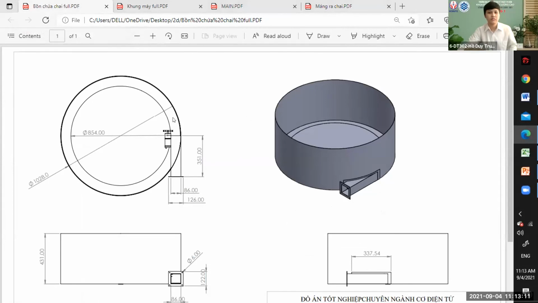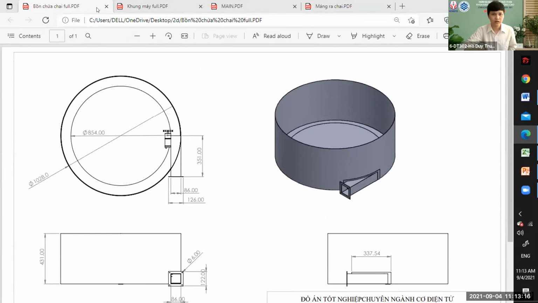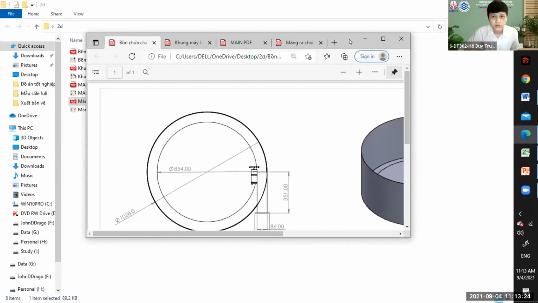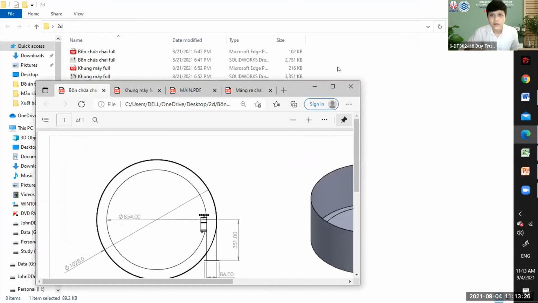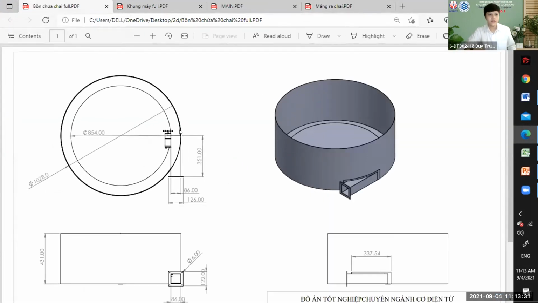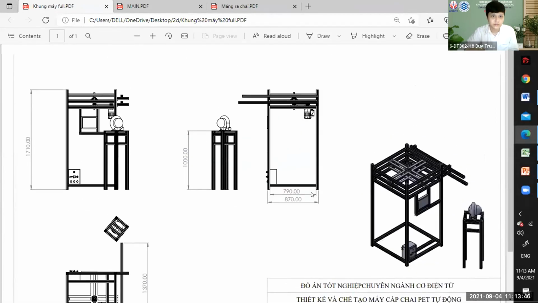And here is our sample drawing for our project, as you can see right here. This is our bowl design, and this is the frame of our machine.